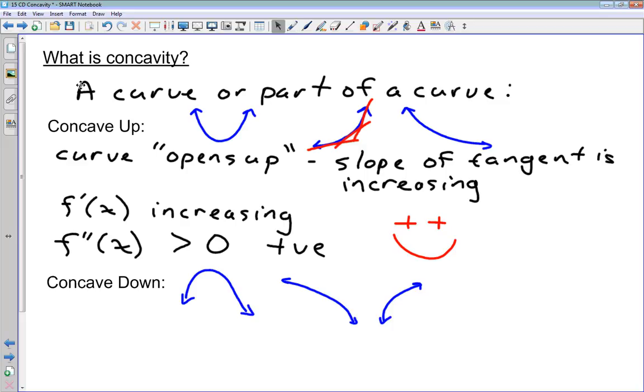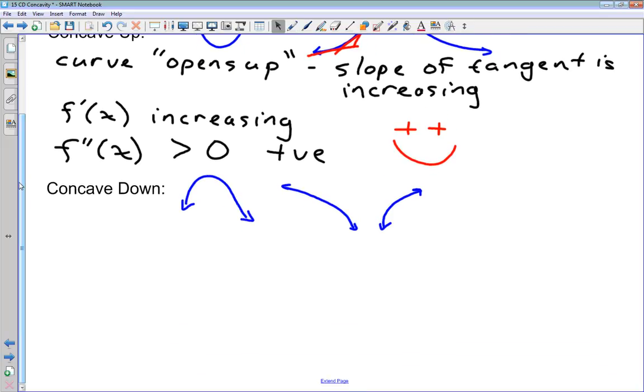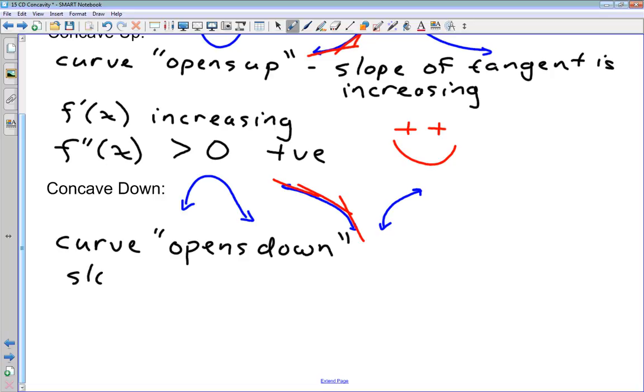What about concave down? Well, we can make the same kind of argument for concave down. I can pick my concave down curve, and I can draw a series of tangents at various points, and I notice that the slope of the tangent is decreasing. So concave down means our curve, quote unquote, opens down. Another way of saying that is the slope of the tangent is decreasing.